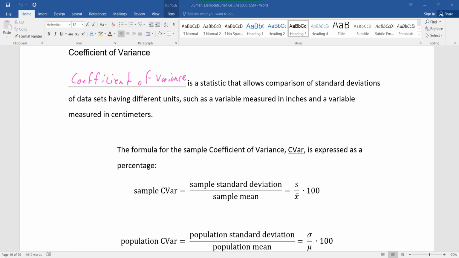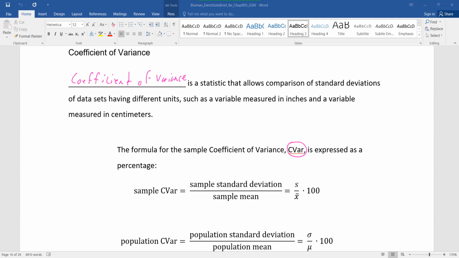The formula for the sample coefficient of variance, also known as capital C, capital VAR, or CVAR, is expressed as a percentage. So we'll take the sample standard deviation we get and divide it by its sample mean, little s over x-bar, times 100 to give us a percentage. That will express our percentages to us.